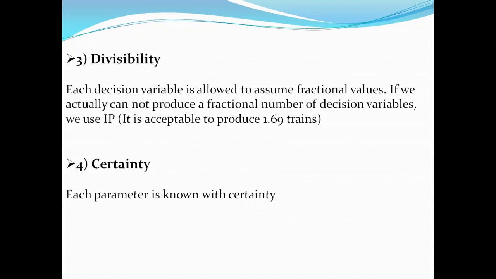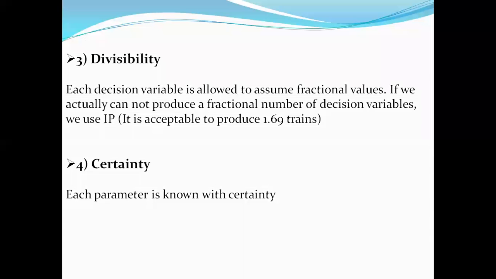So if we cannot produce whole numbers for decision variables, we can use float values, which are also acceptable. Float values are results like 1.69, 1.25, 1.35, or else 5.63, right? So divisibility needs to be analyzed as the third assumption.